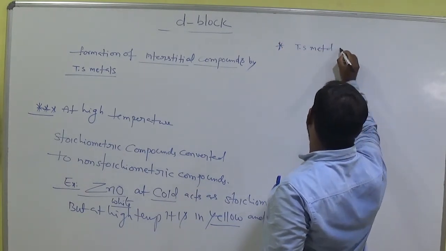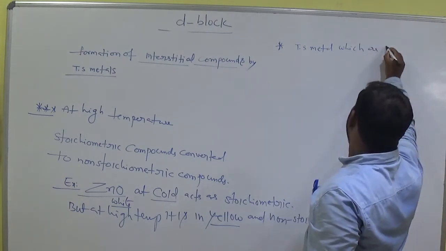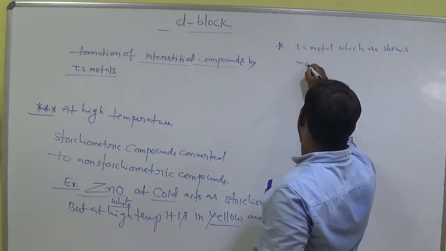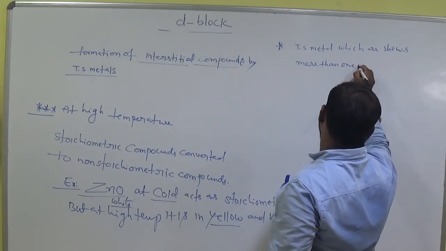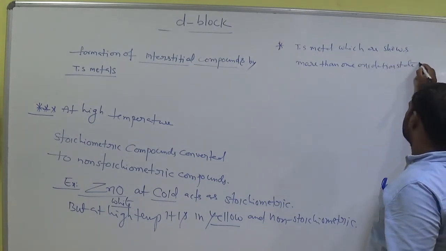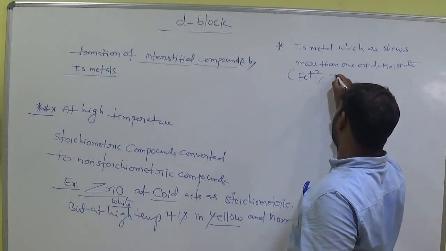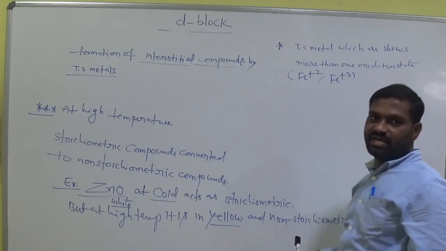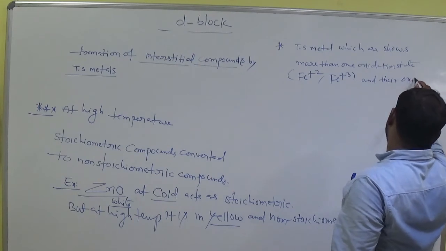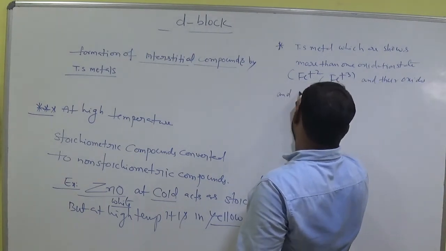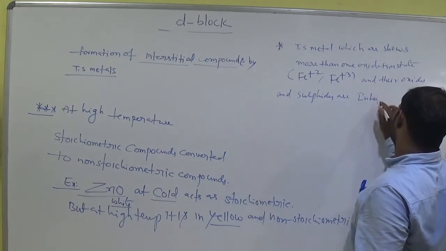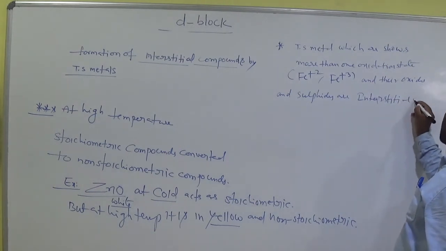Transition metals which show more than one oxidation state, for example Fe+2, Fe+3, multiple oxidation states they are able to show, okay, and their oxides and sulfides are interstitial compounds.